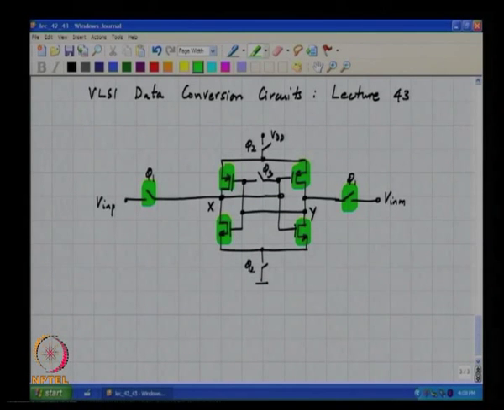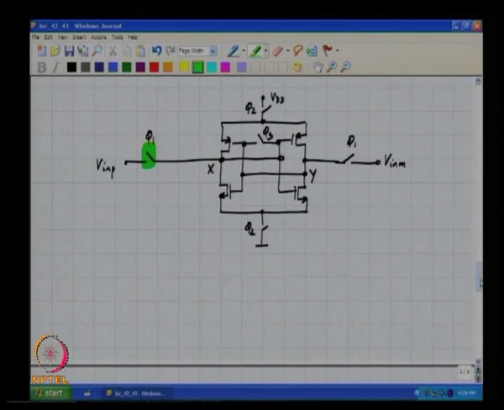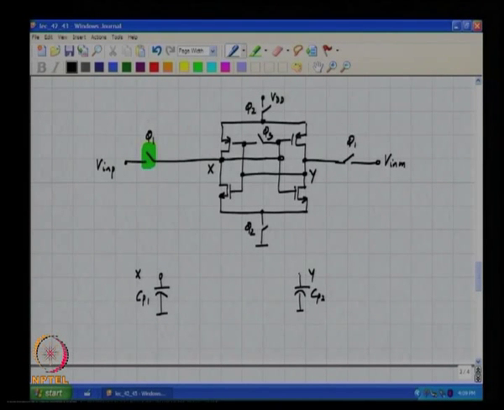Another important mechanism is what is called dynamic offset, and the mechanism that causes it is as follows. So, this is our standard latch we have been discussing so far, and just at the end of phi 1, if the voltages on capacitors Cp1 and Cp2 at x and y were slightly different.